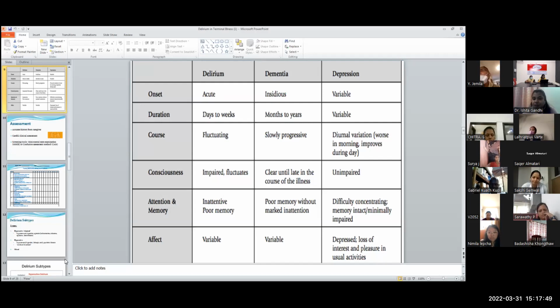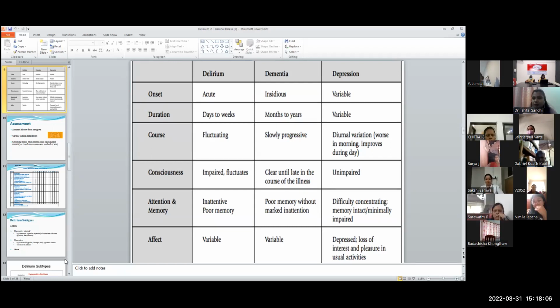In depression, there is difficulty in concentrating, but memory is intact. The effect of delirium and dementia can be variable, but in depression, patient is depressed. There is loss of interest in the things that they used to enjoy earlier.